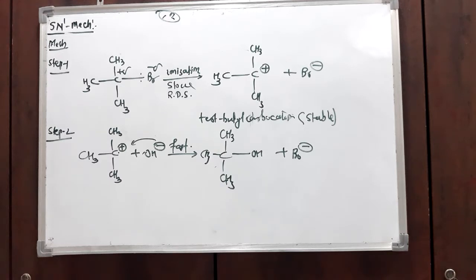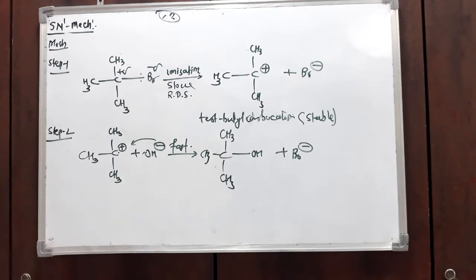But in SN1 mechanism, if the reactant is optically active, then the product is optically inactive, because formation of a racemic mixture takes place. Okay, in SN1 there is racemization. So I will explain why the product is a racemic mixture by taking a particular example. So this is the basic difference between SN1 and SN2. SN1 is a two step process, okay.